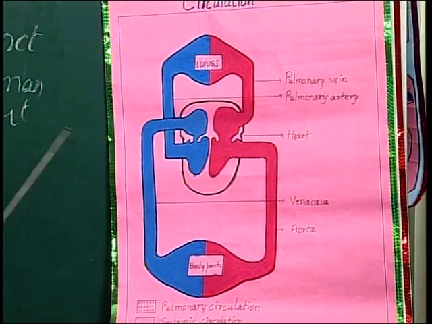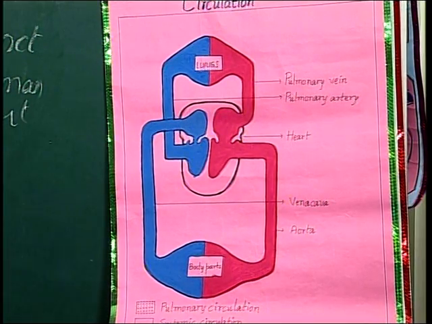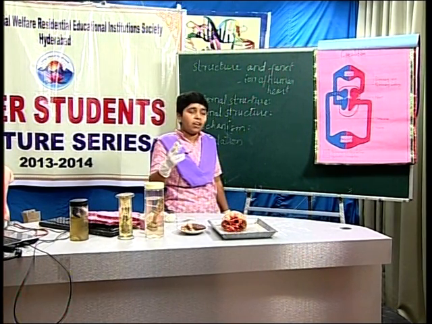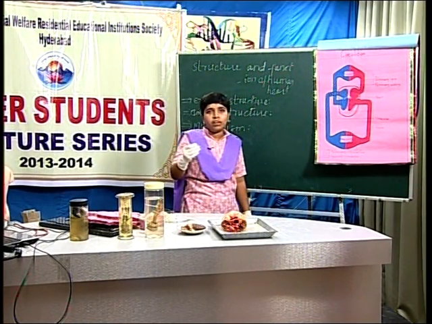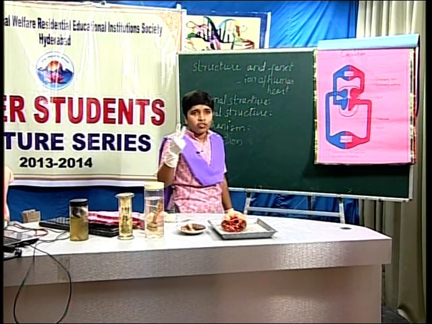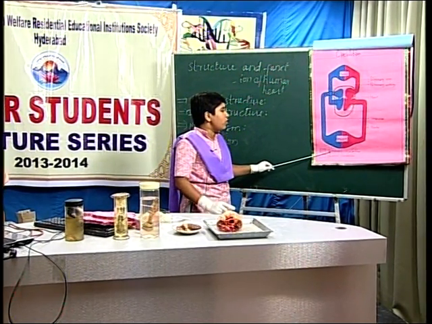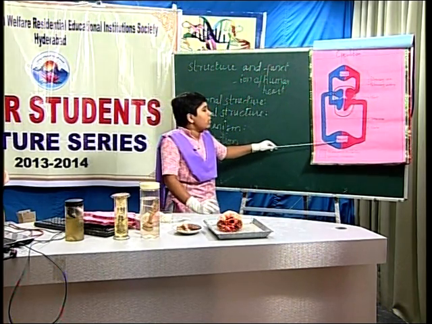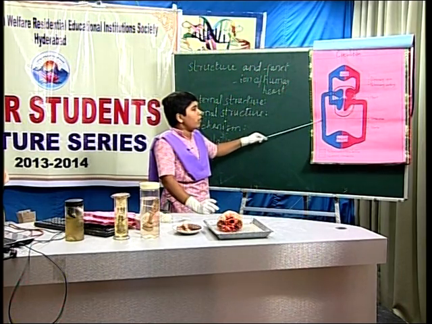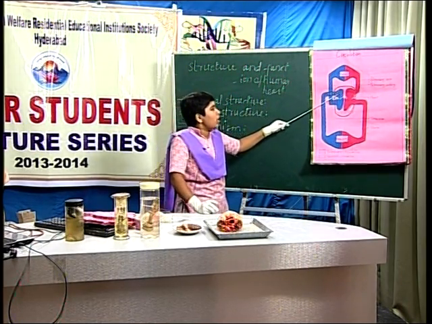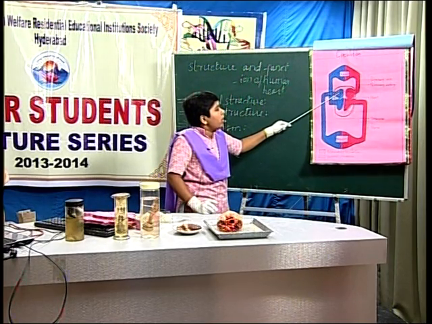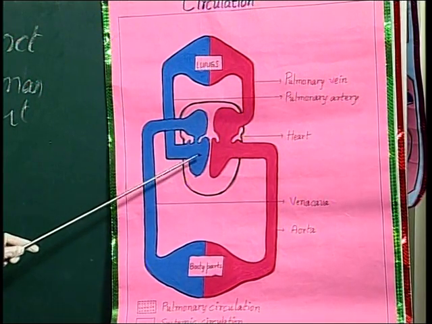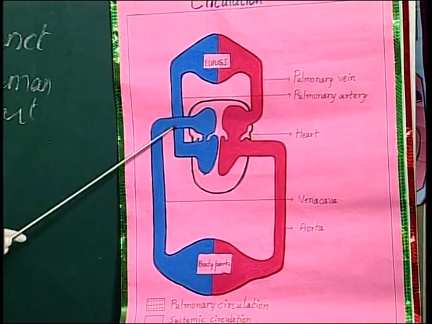So, in humans the circulation is double circuit circulation. The heart is a double circuit heart, and in the double circuit circulation there are two circulations present: the pulmonary circulation and the systemic circulation. In pulmonary circulation, the deoxygenated blood from the different body organs comes to the right auricle, then enters the right ventricle, and the pulmonary artery carries it to the lungs, where it gets oxygenated.